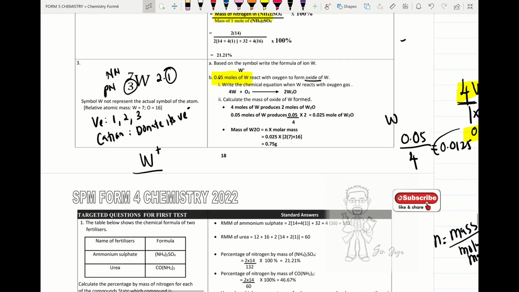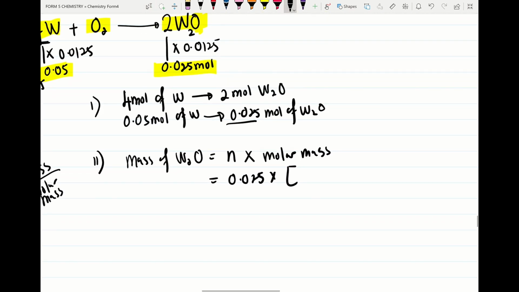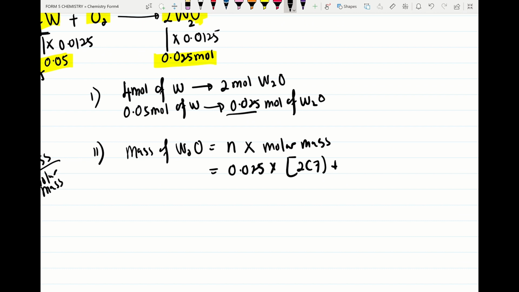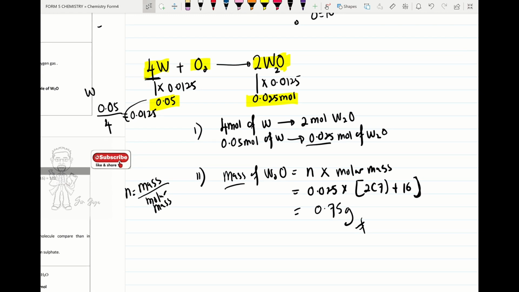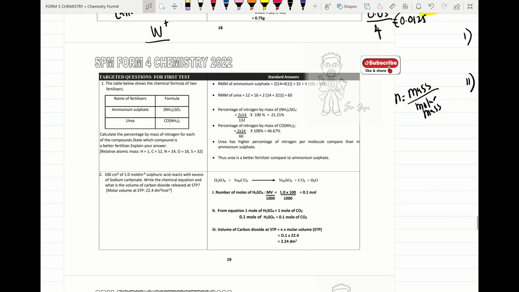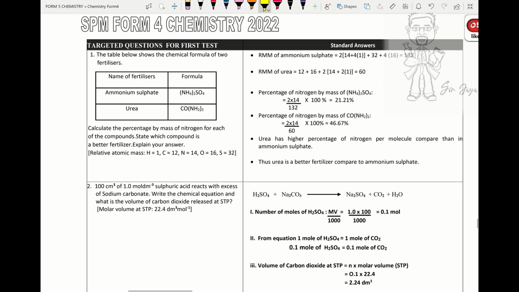The RAM of W is given as 7 and oxygen is given as 16. So we have 2 times 7 plus oxygen 16. We close the bracket, we try to find the answer. So the answer will be 0.75. The unit for mass will be gram. Alright, this is known as stoichiometric calculation. Please do more questions on this part. We move on to the next question. Let's discuss another question.